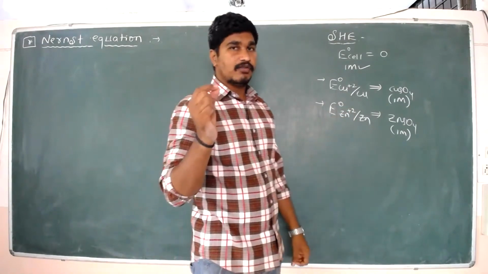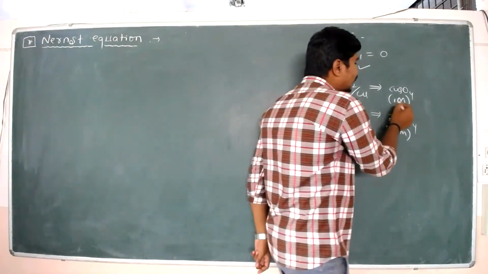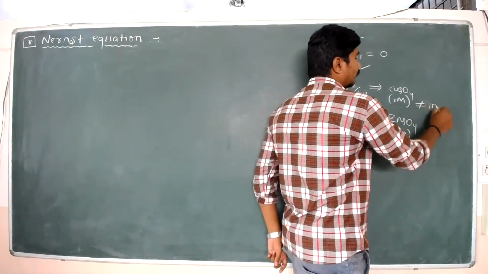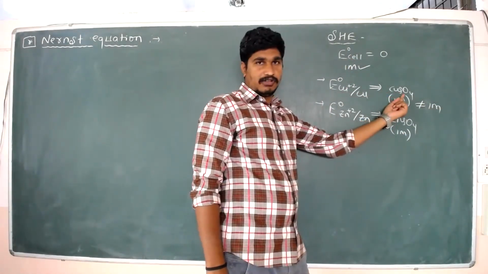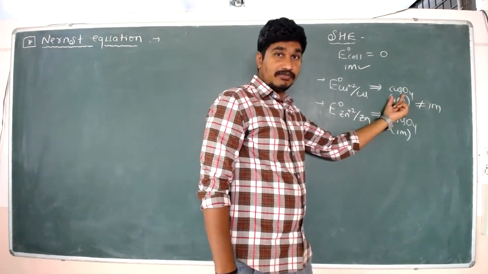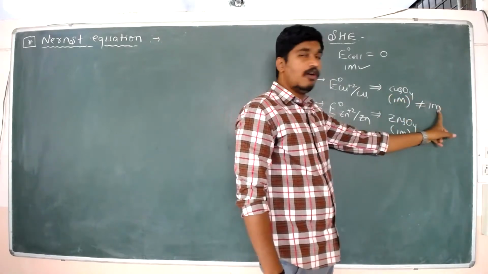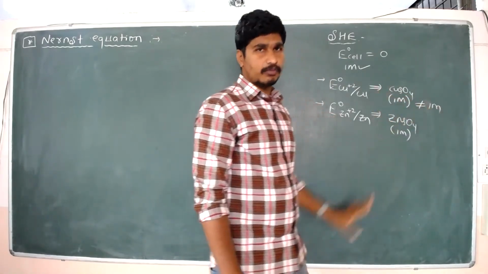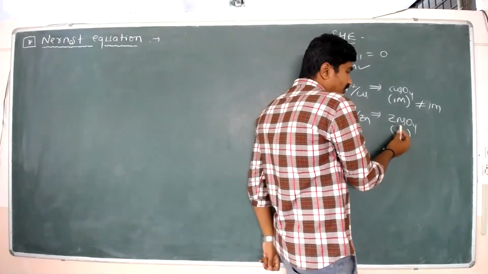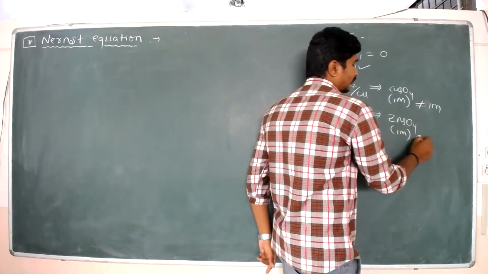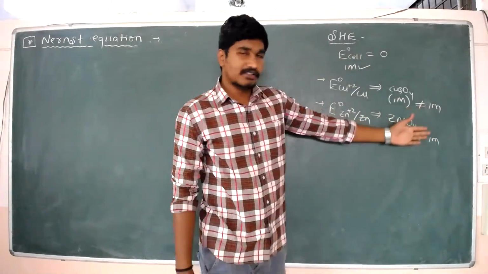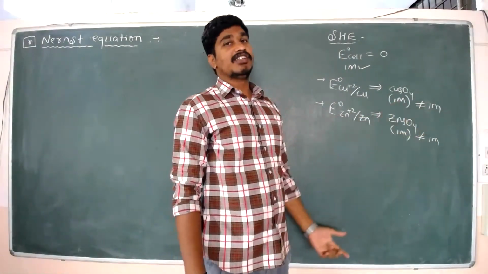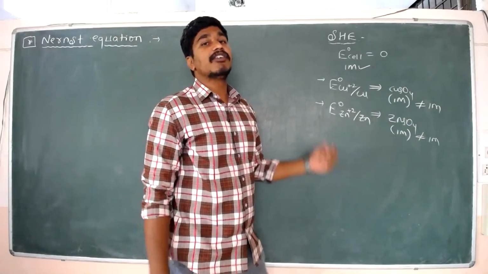Now my doubt is, if this concentration is not equal to 1, what happens? If the concentration of CuSO4 that we have taken in the beaker is not equal to 1 M, how do we calculate the electrode potential? If the concentration of zinc sulfate is not equal to 1 M, any other concentration, how to calculate the electrode potential?